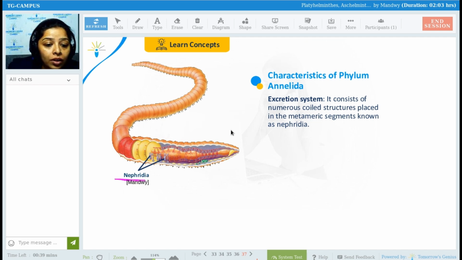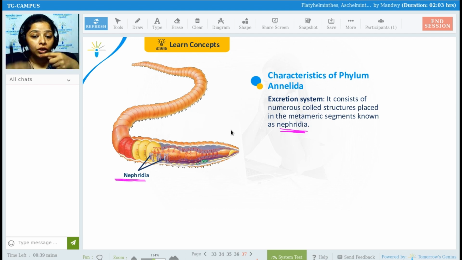Excretion. They have a proper, well developed excretory system, and that is called nephridia. This nephridia is a highly coiled and compact structure which is present in the segments. Each and every segment has a different structure, and they are repeated.